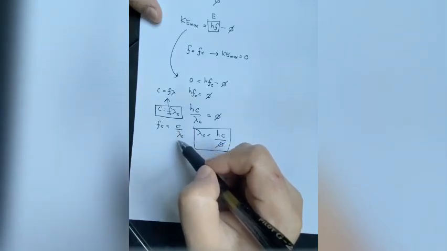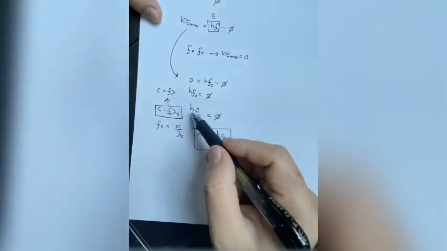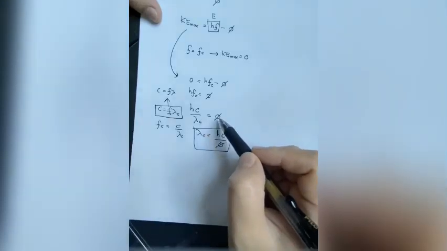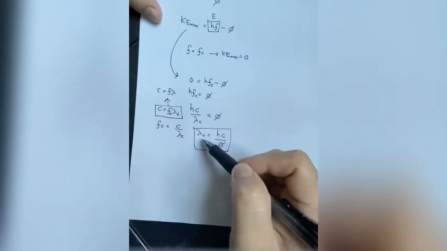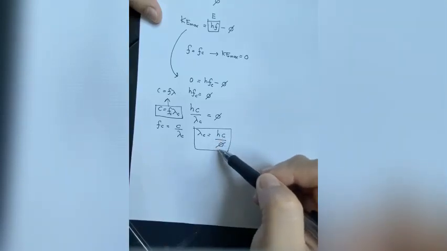Substituting fc, it becomes hc over lambda c is equal to the work function, so lambda c is equal to hc divided by the work function.